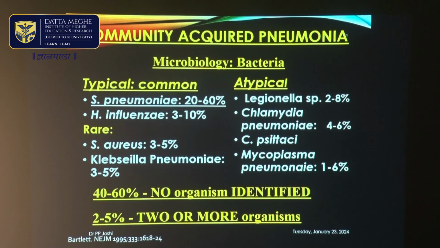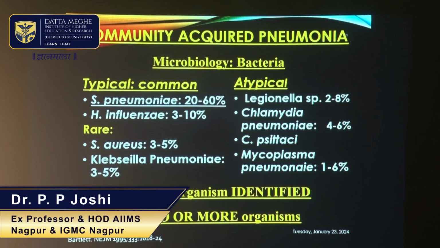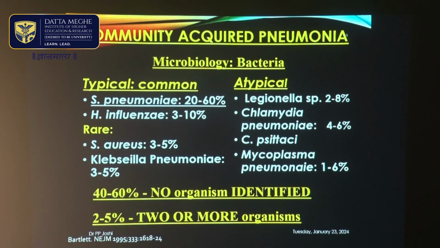The common organisms in community-acquired pneumonia, that means the patients who have not been hospitalized, who develop pneumonia in the community and have a typical presentation, the most common organisms are Streptococcus pneumoniae and Haemophilus influenzae.